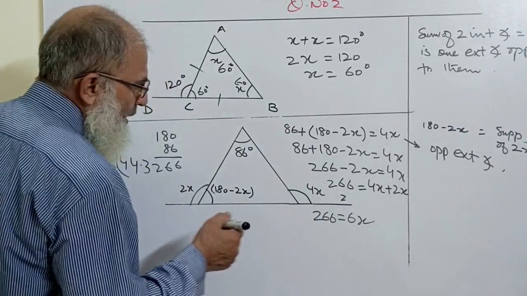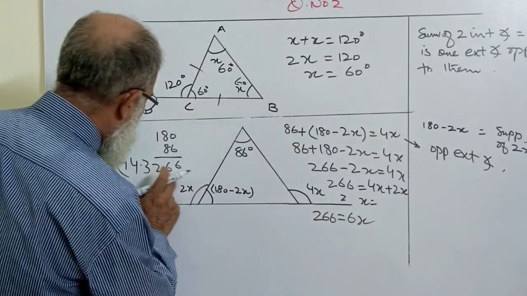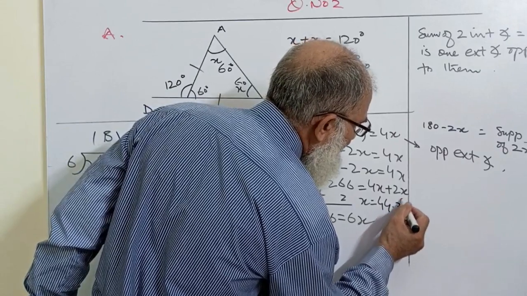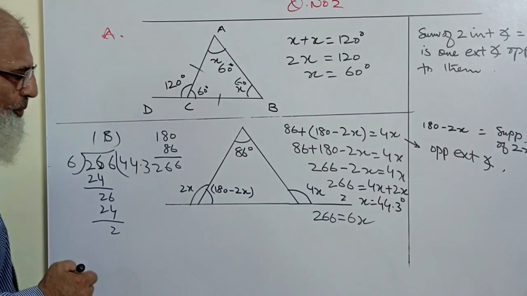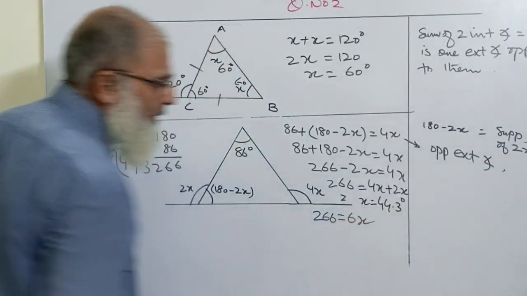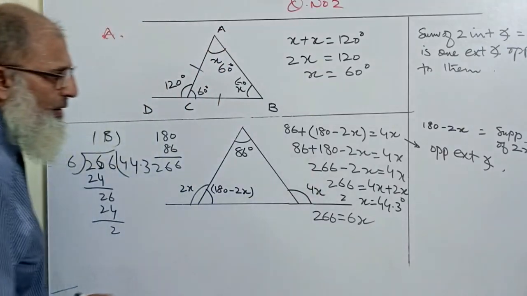No problem, x is equal to 44.3 degrees. Since we have come to know 44.3 degrees, we'll solve this 2x, then we'll solve this 4x.